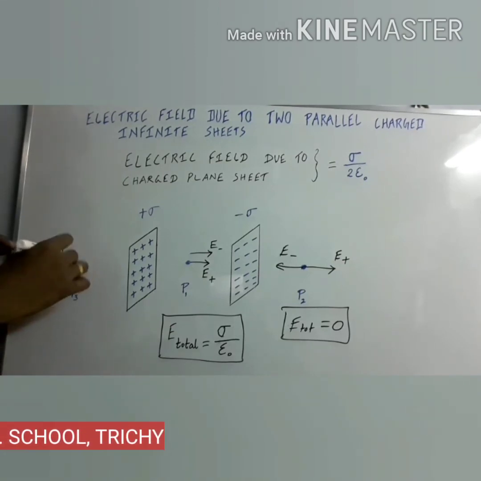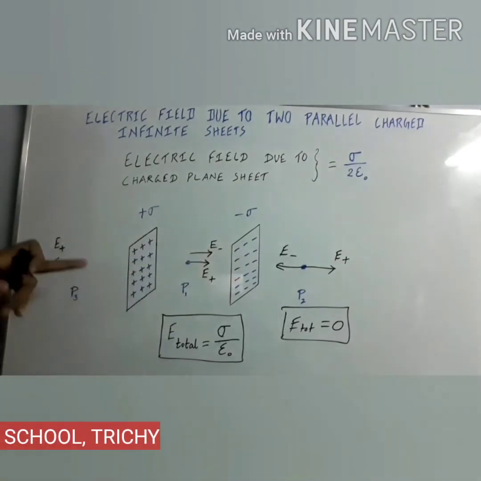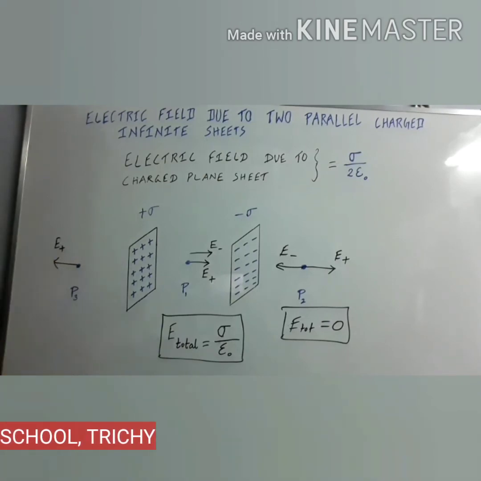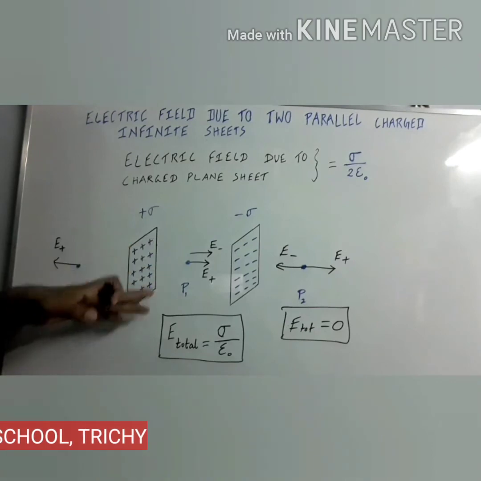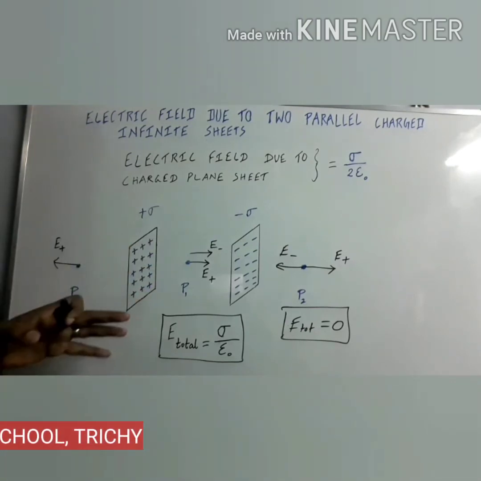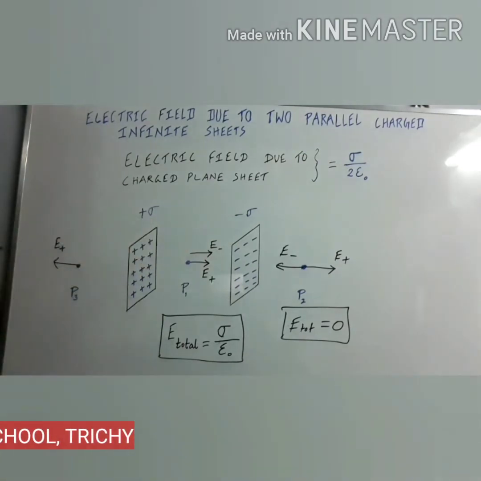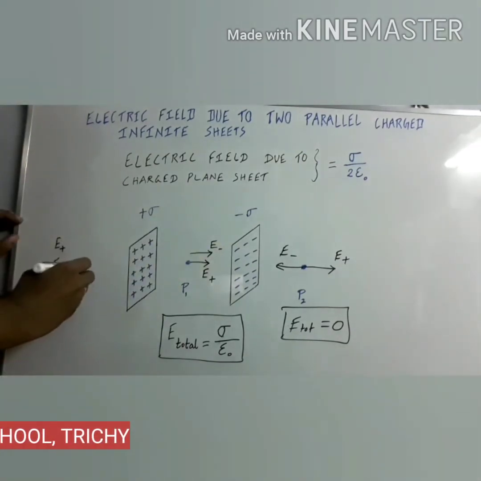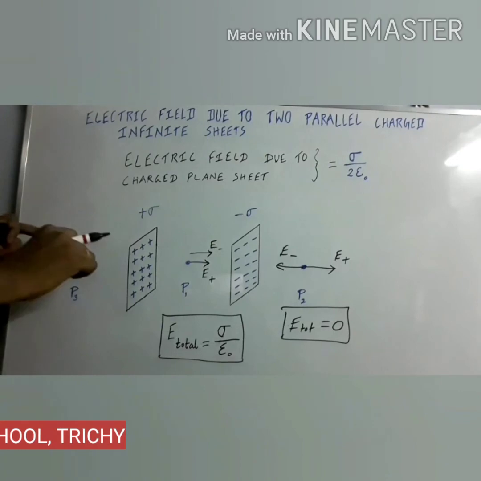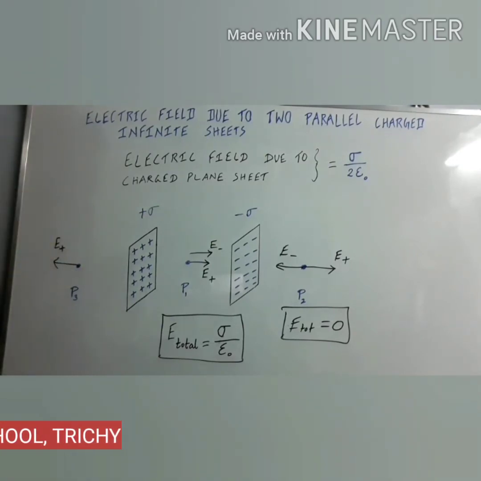So that is E plus. Here the negative sheet is also going to give an electric field at the point P3. Distance is not a matter here. The electric field provided by the sheet will be uniform. It does not depend on the distance, as we have already discussed. So the same electric field is provided by the negative sheet also at the point P3. I told you that you can keep a positive charge there. Imagine you kept a positive charge there. What will happen?